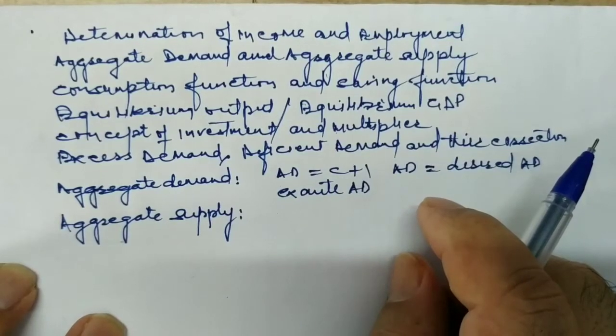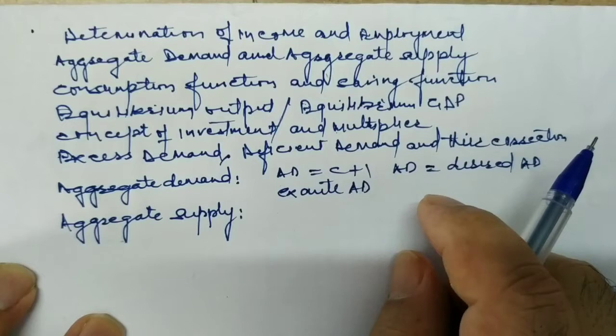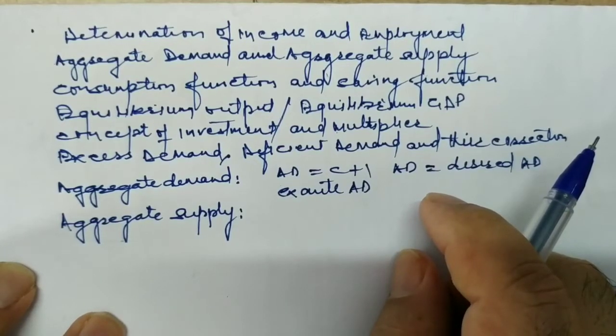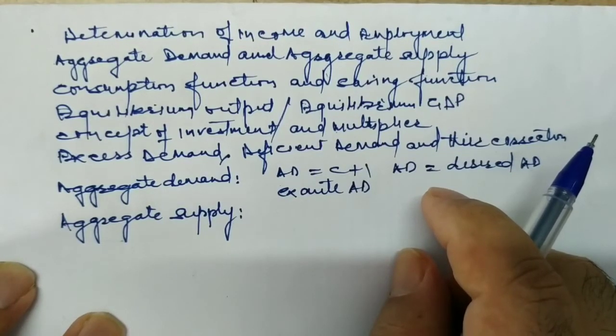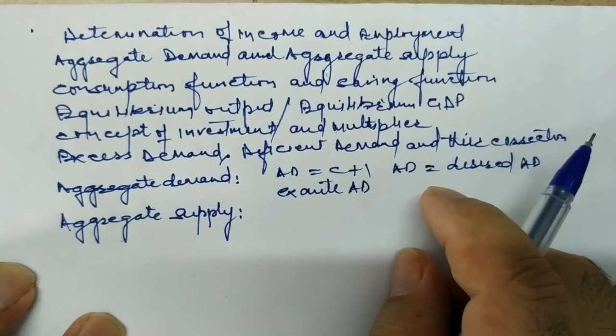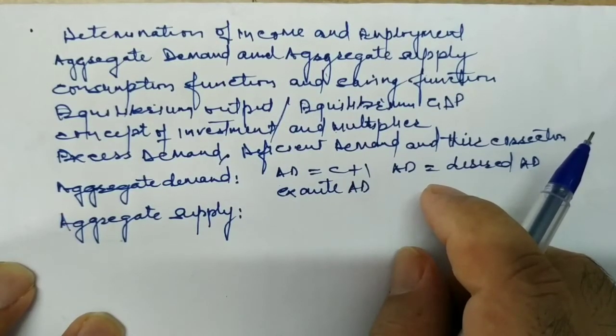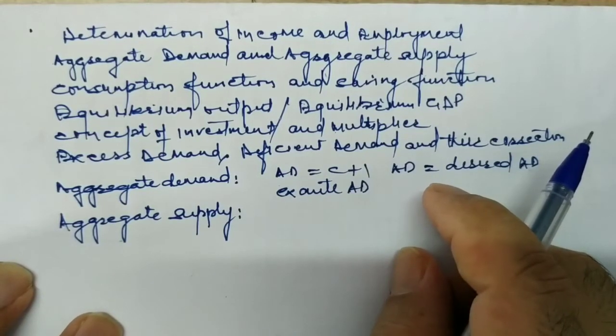AS may be treated as identical with GDP. It is indicated by a 45-degree line from the origin when GDP is shown on the x-axis and AS on the y-axis.